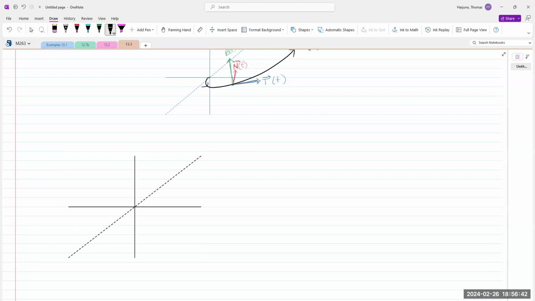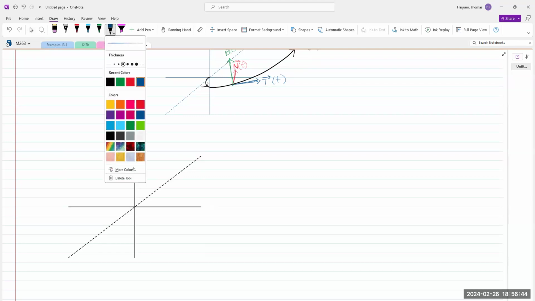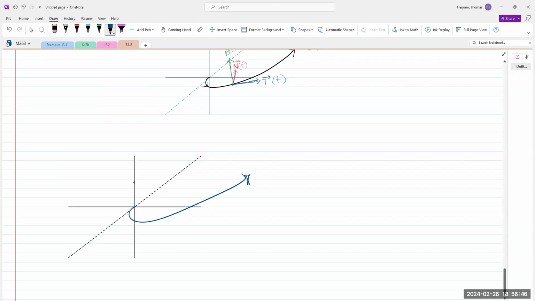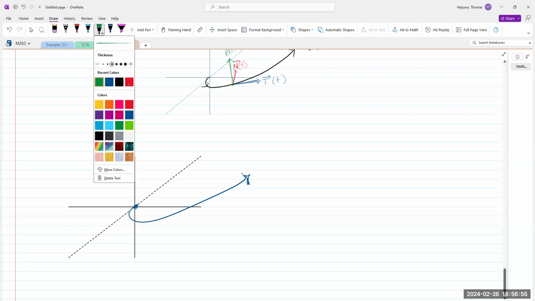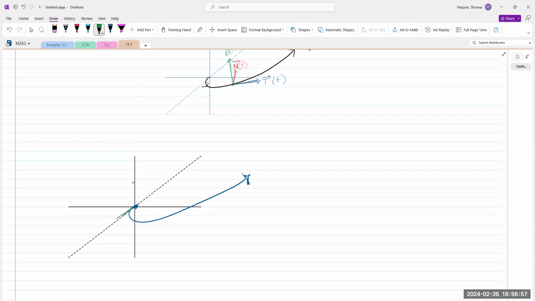And let's say this is my curve. Okay, and I want to observe the TNB frame right at that origin here. And you will see that the unit tangent vector at that point is actually pointing this way.